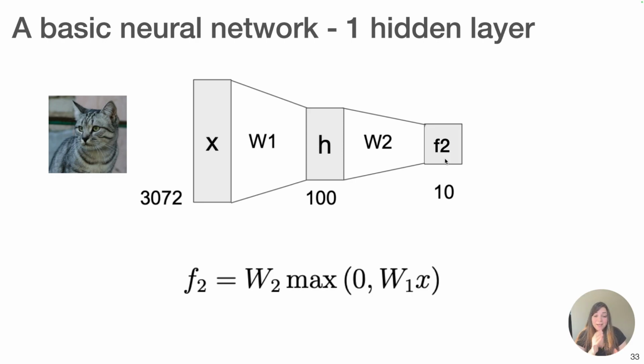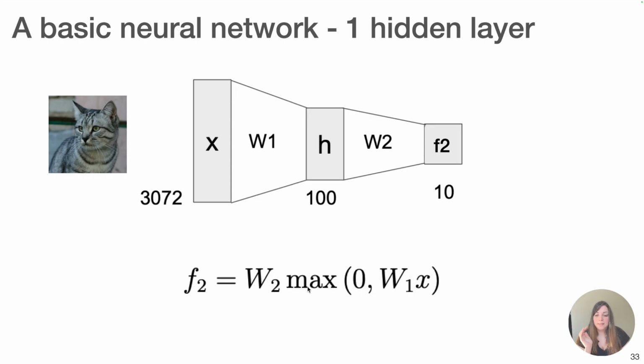So here we're going to have, as I said, a one hidden layer neural network. So this is the input X. X is going to be multiplied by a matrix W1, and that's going to give you a vector, W1 times X. Then you're going to apply a nonlinearity, meaning that every number in this output, if it's greater than 0, you will keep it, and if it's smaller than 0, you will make it 0.